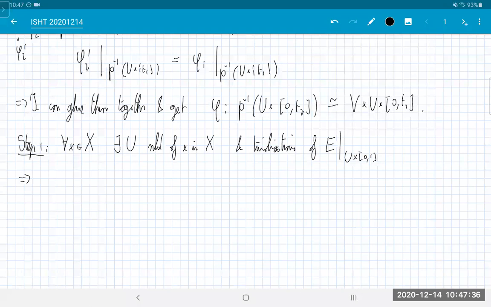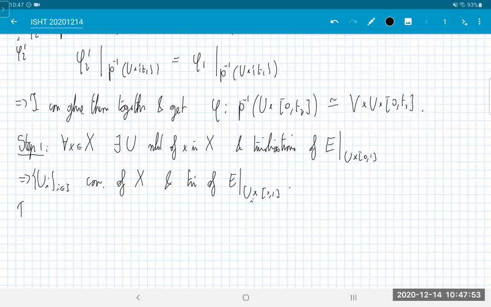Therefore, we can find U_i, a cover of X, and a trivialization of E restricted to U_i times [0, 1].